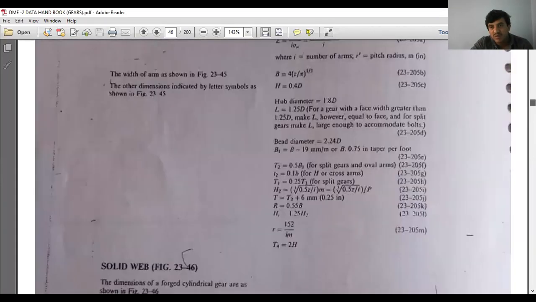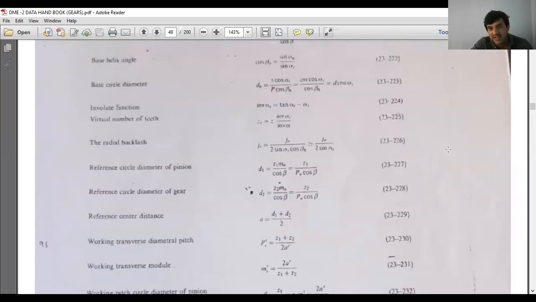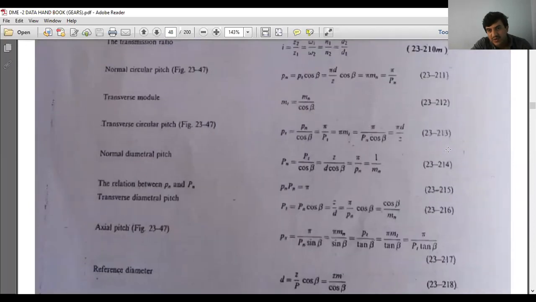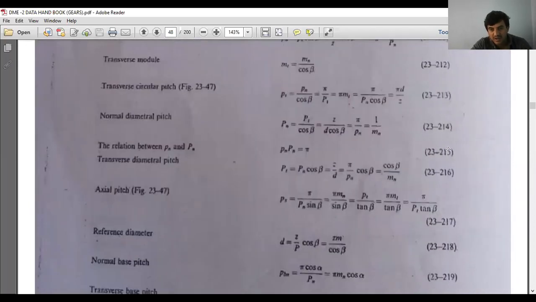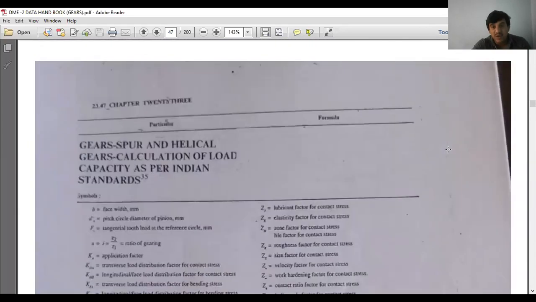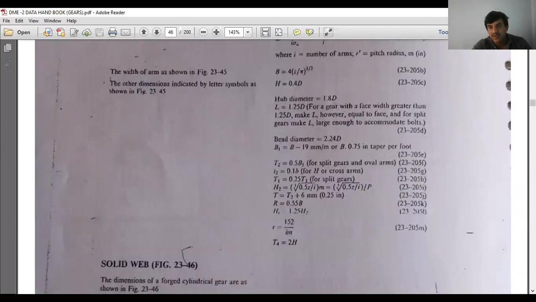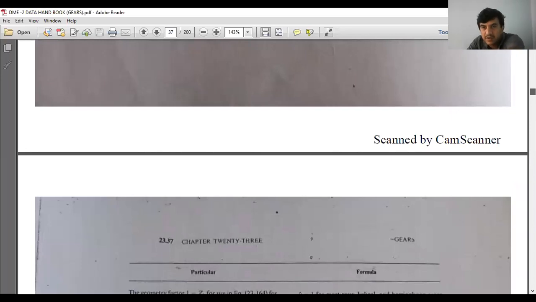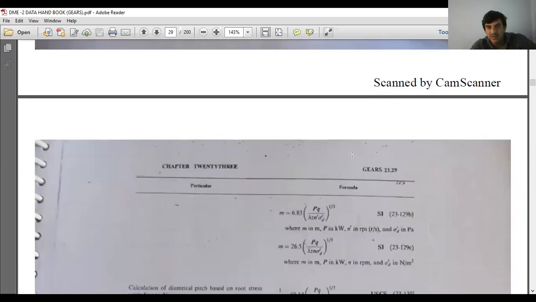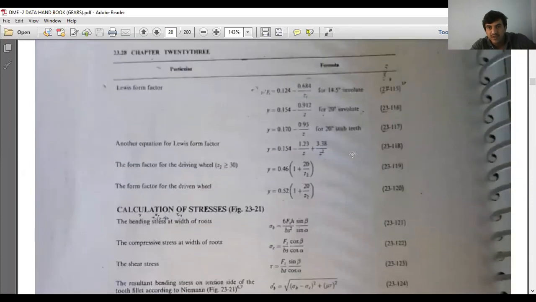What is the next one? The Lewis tooth form factor, by referring to equation number 23.1152 to 23.117.